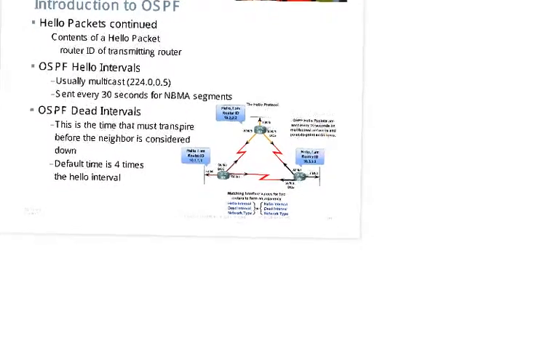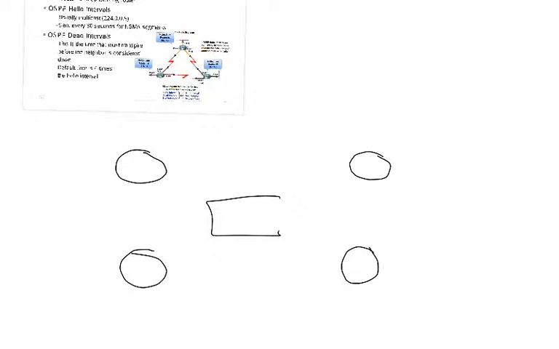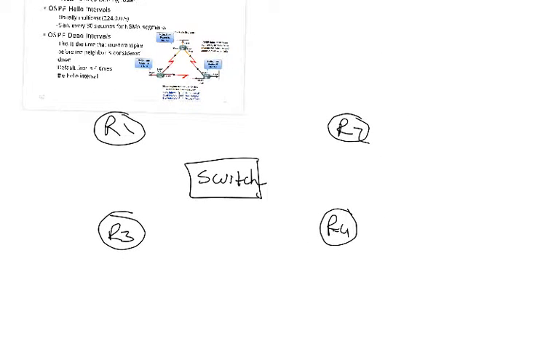We discussed that before in the case of EIGRP. If you have 4 routers like this, and in the middle you have a switch, so you have router 1, 2, 3, 4, connected to the switch like this.